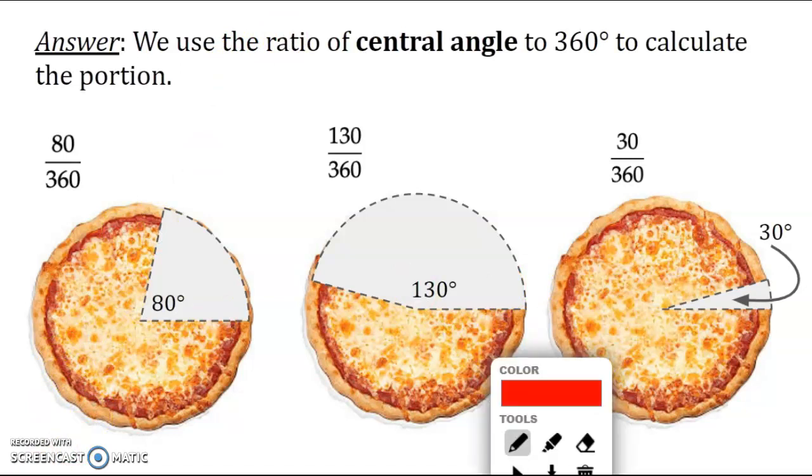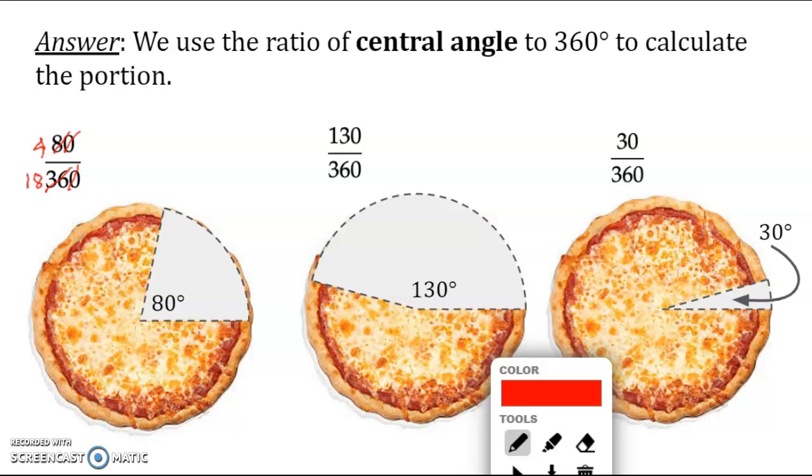Simplifying fractions, you look for numbers that are divisible into both the top and the bottom of the fraction, the numerator and the denominator. I know that 0 is there, 0 is there, so I can divide top and bottom by 10, and that cancels out. Looking at 8 and 36, they're both even, so I can divide the top by 2, which becomes 4, and 36 by 2, which is 18.